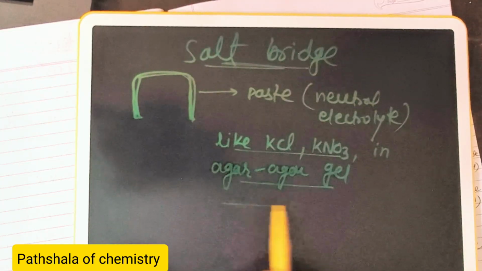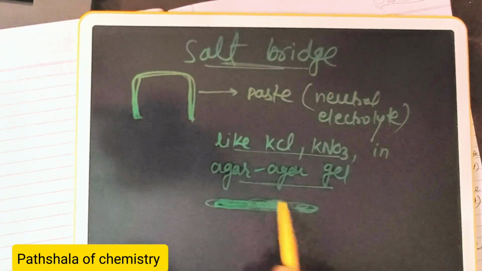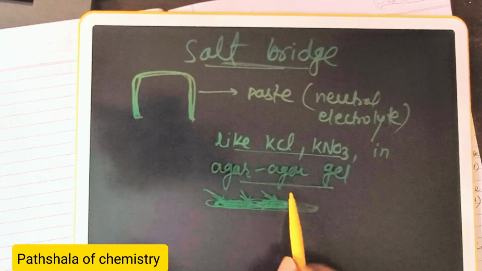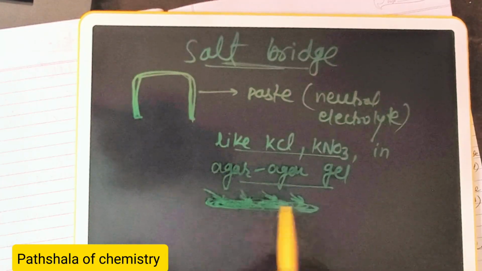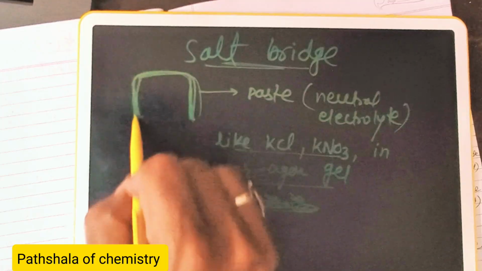So this is a jelly-like gel. In this, KCl or KNO3 is present. So this mixture is present inside this tube.